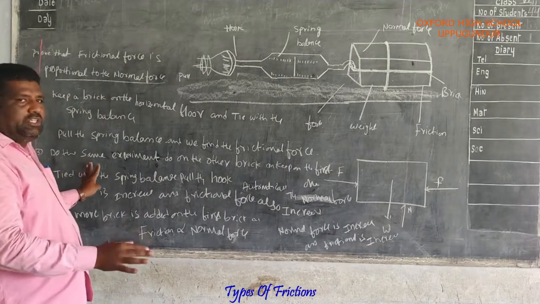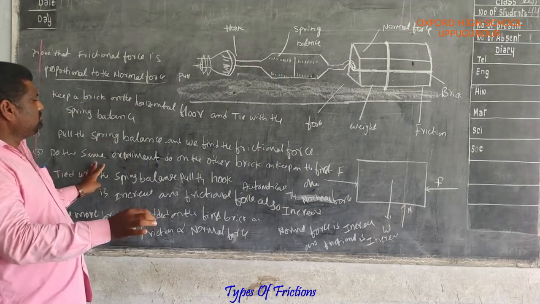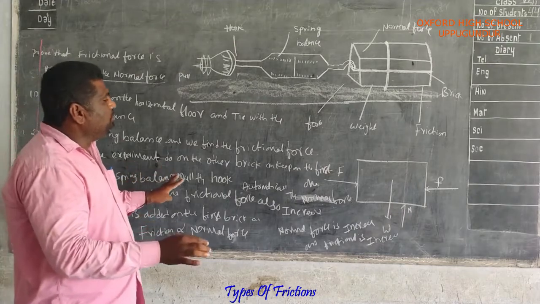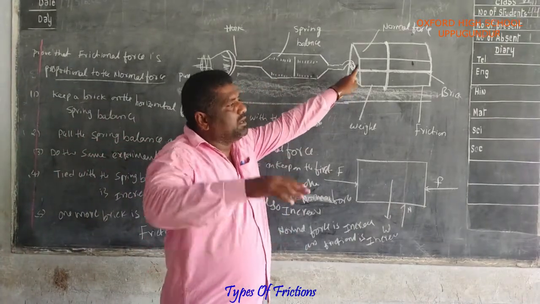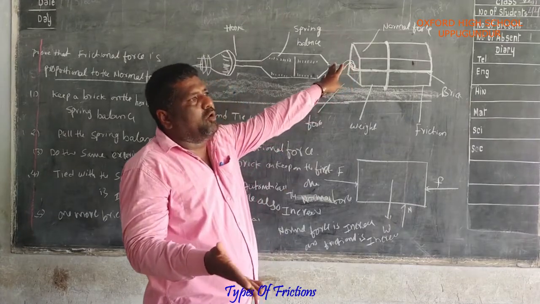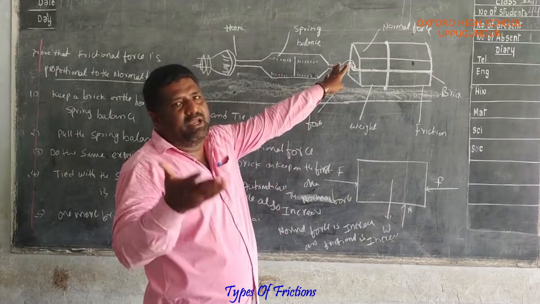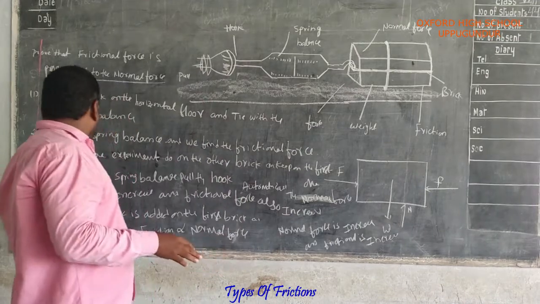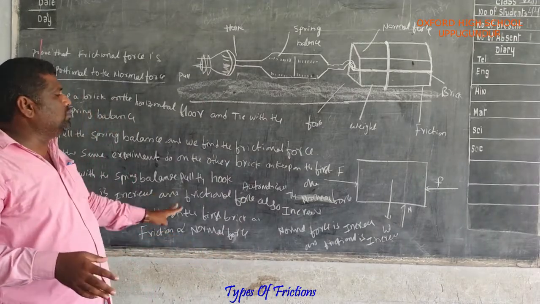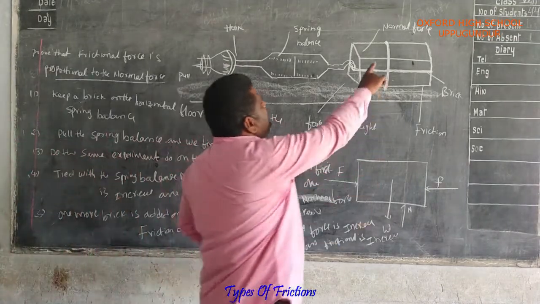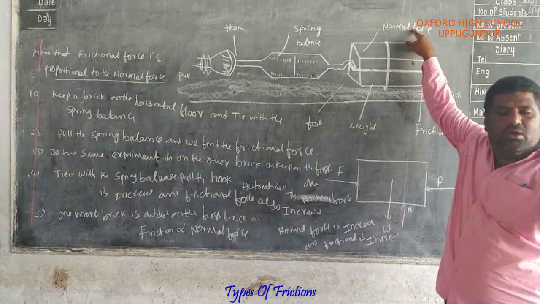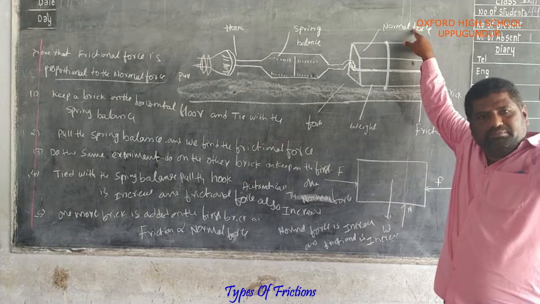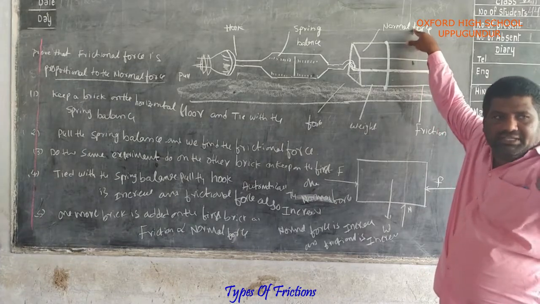Next, do the same experiment with one more brick kept on the first brick. Again do the same experiment with one more brick. Next, tied with the spring balance, pull the hook. The frictional force increases, and whenever the frictional force increases, the normal force also increases.